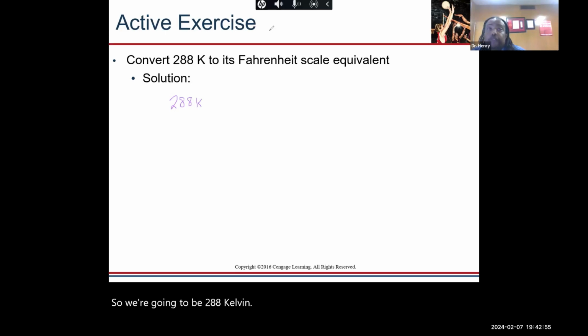We know the change from Kelvin to Celsius: TK equals TC plus 273. Now we want to get to TC, and that's just going to be TK minus 273.